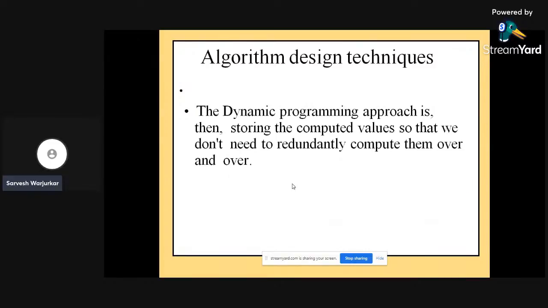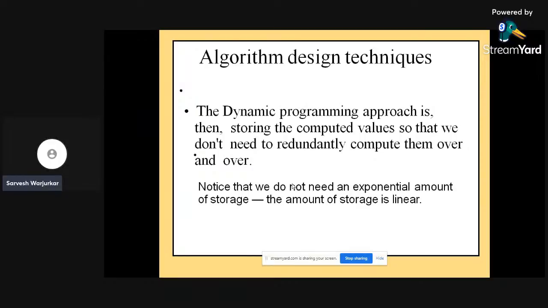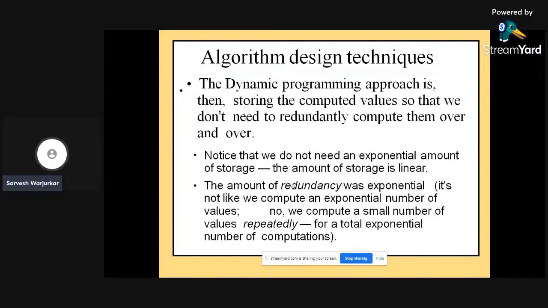The approach for dynamic programming is then storing the computed values so that there is no need to redundantly compute them over and over. We can also notice that we do not need any exponential amount of storage, and the amount of storage required is linear.